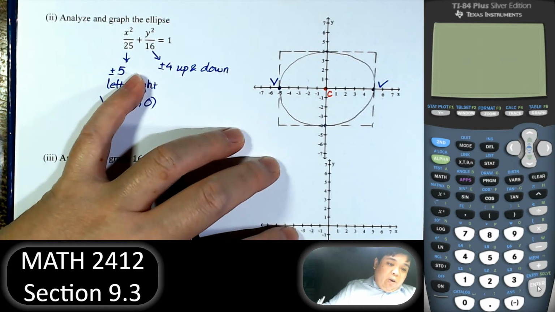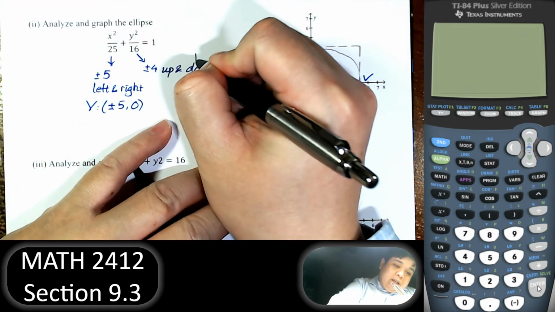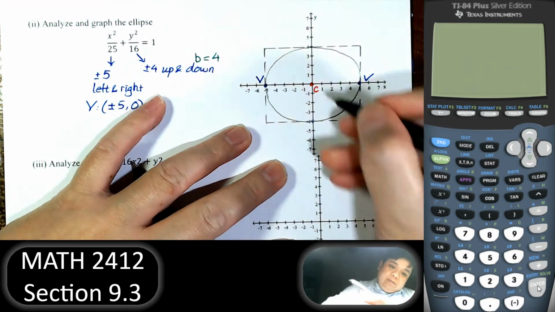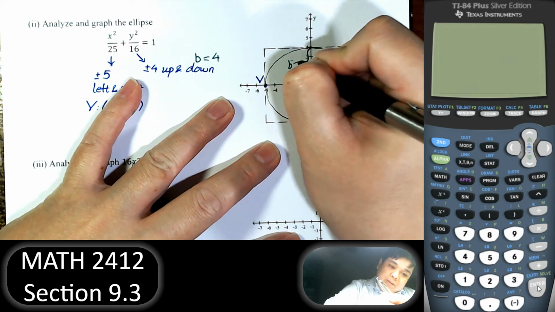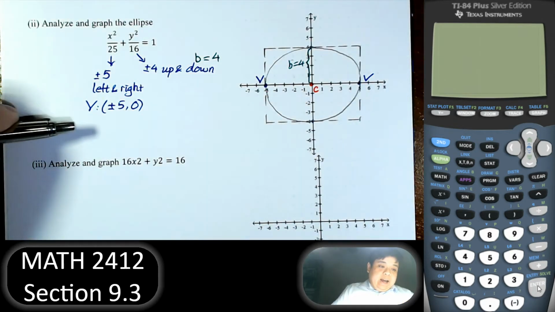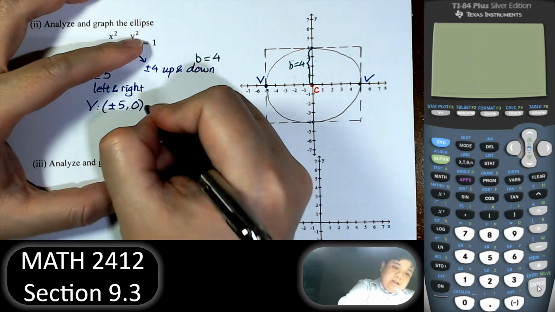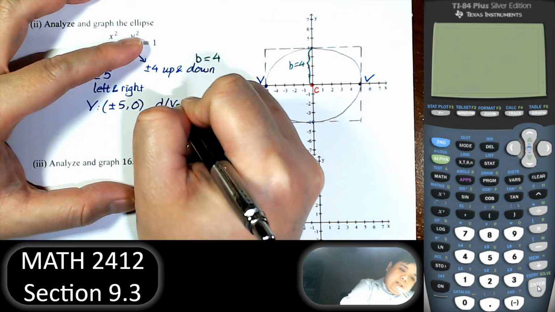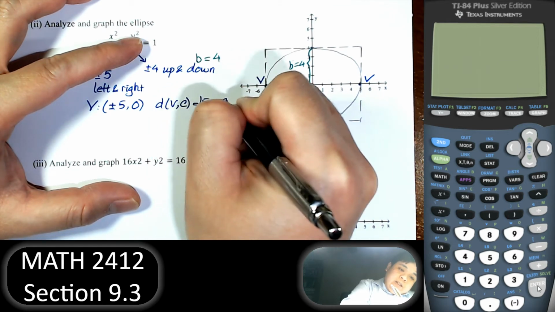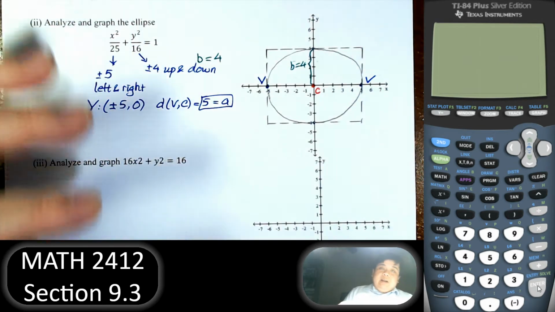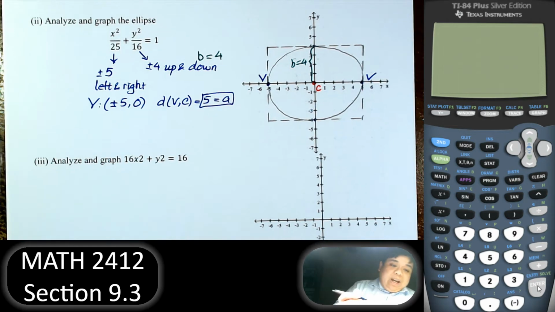But 4 up and 4 down, so meaning b is equal to 4. And the distance from the vertex to the center is 5, which is a. So if a is 5 and b is 4, we can find c.